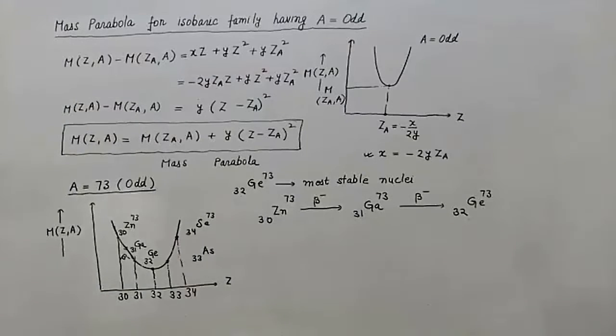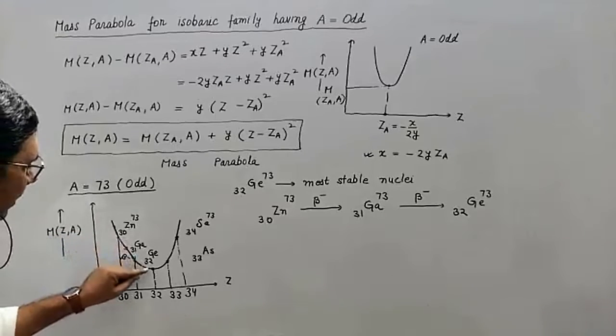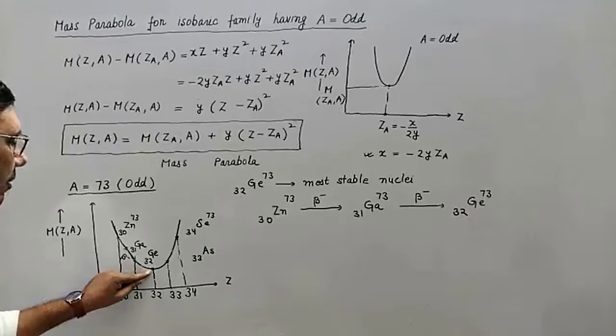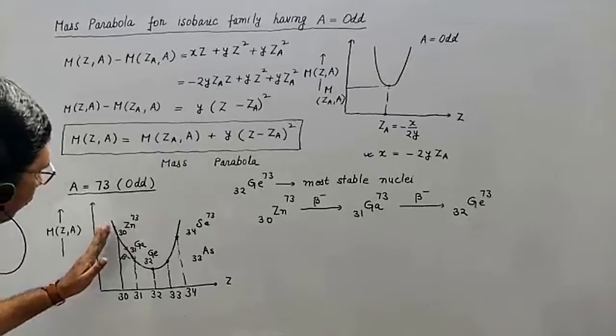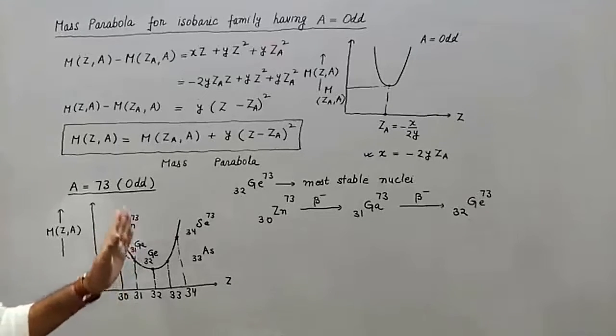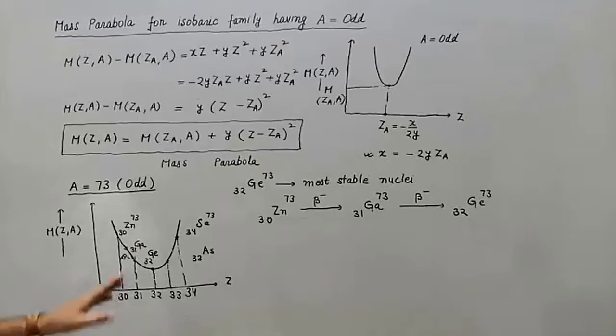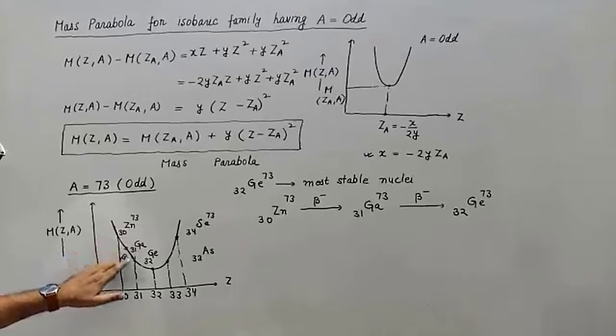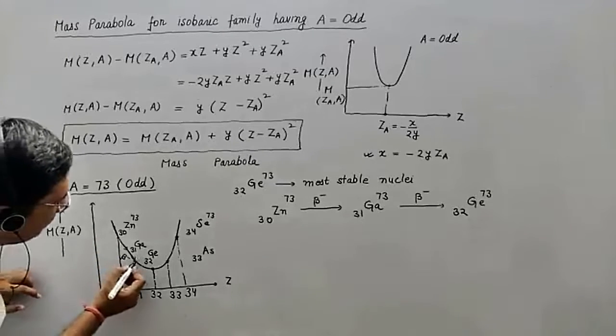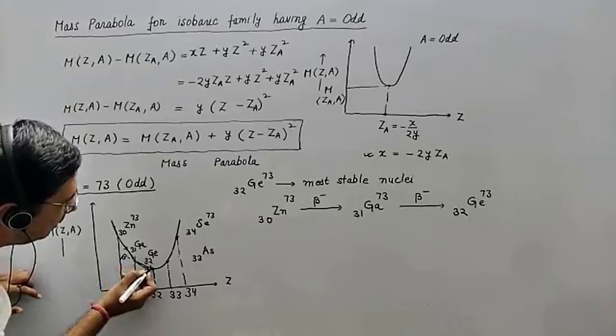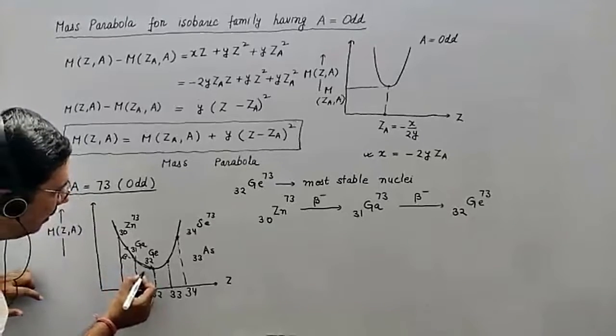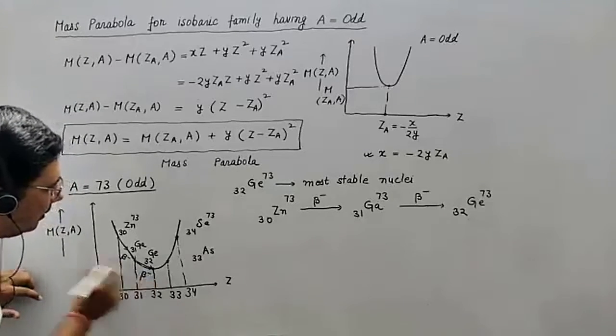So if the number of neutrons is higher as compared to the number of protons, and with what reference? With the reference of the most stable nuclei, then neutrons will convert into protons, a beta minus particle will be emitted, and these nuclei will achieve the stable nuclear configuration by emitting beta minus particle.